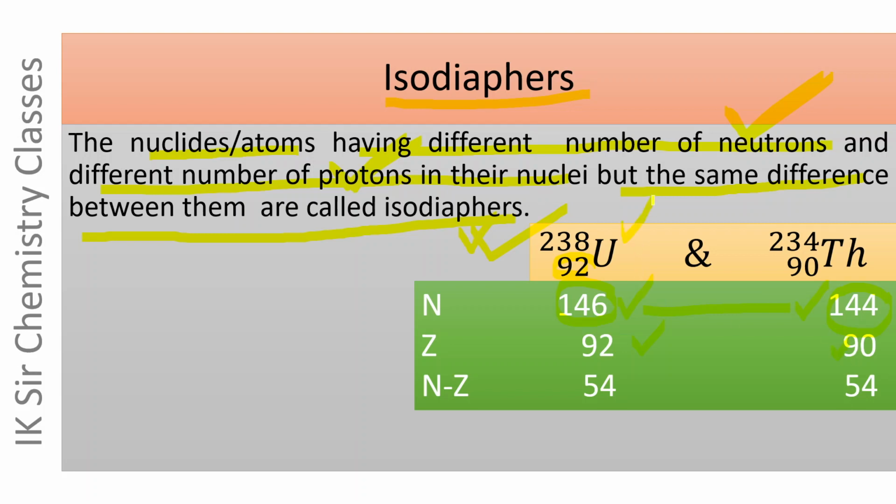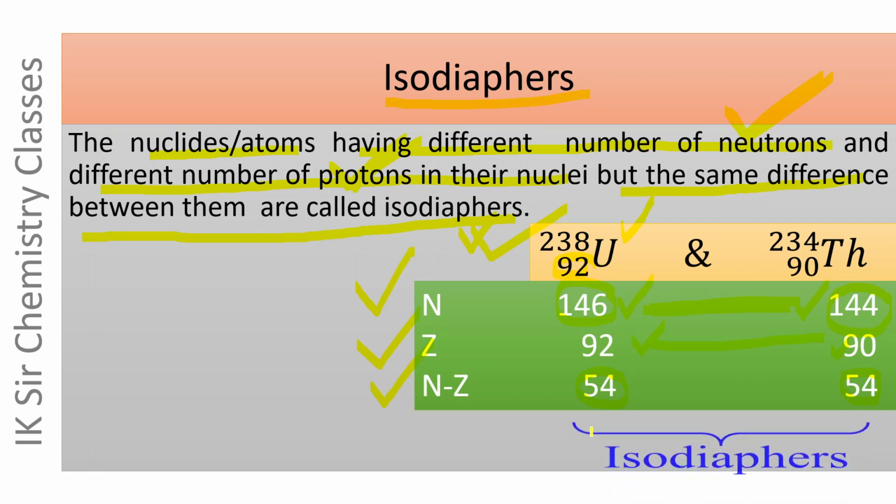These two nuclides have different numbers of neutrons and different numbers of protons in their nuclei, but their difference, that is N minus Z, is 54 here and here also 54. The nuclides or atoms having different numbers of neutrons and different numbers of protons in their nuclei, but the same difference between them, are called isodiaphers.